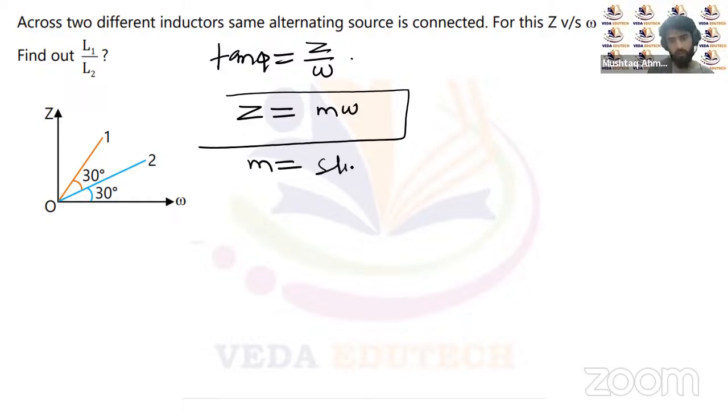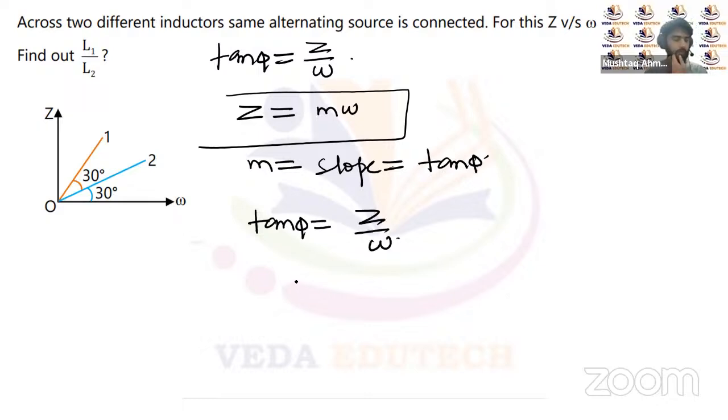We can write this slope as equal to tan of phi. So tan of phi is equal to Z upon omega.